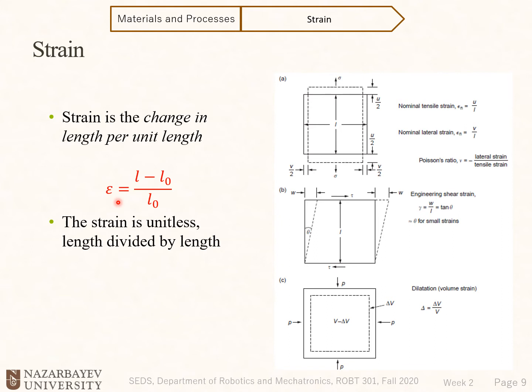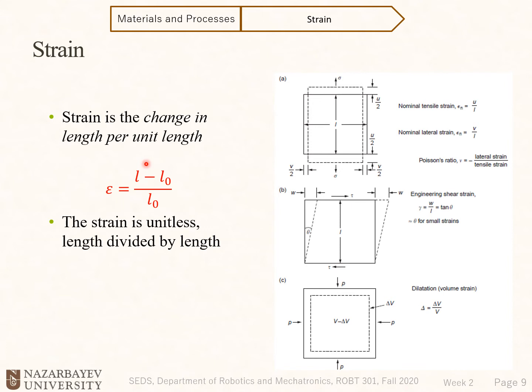So strain is represented by epsilon and is equal to L minus L0 divided by L0, where L0 is the initial length and L is the actual length.